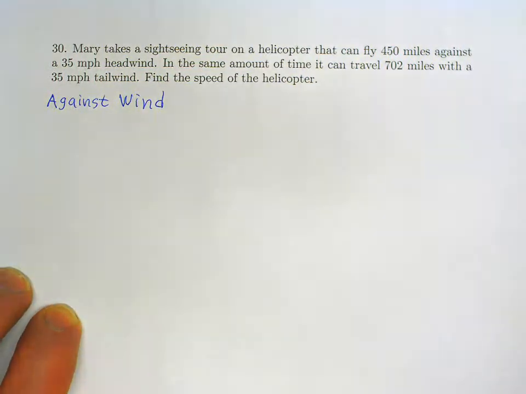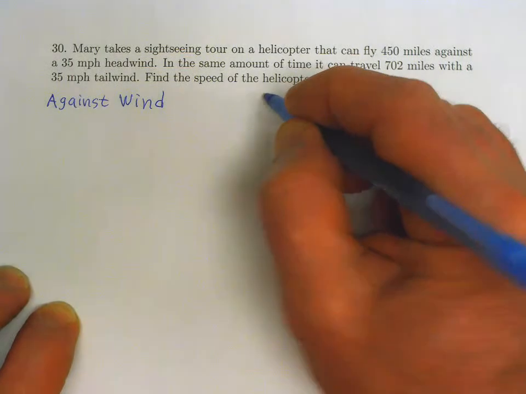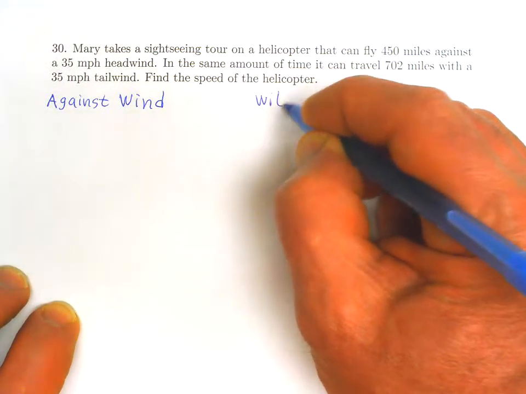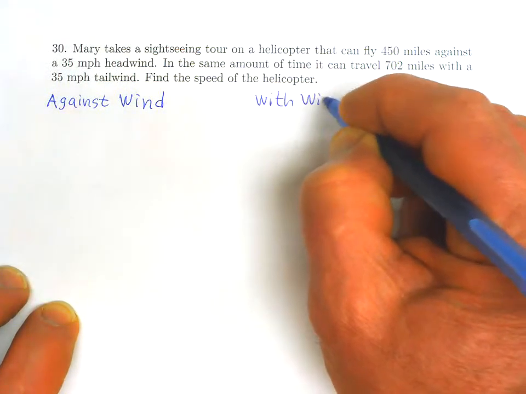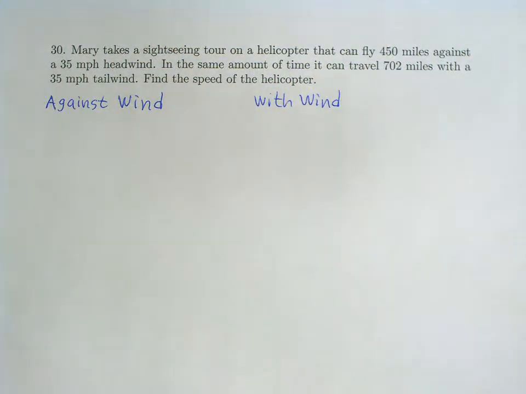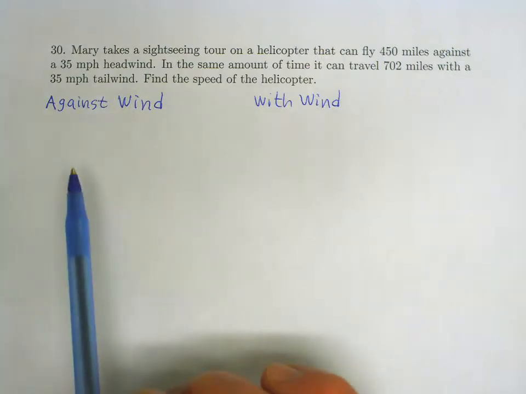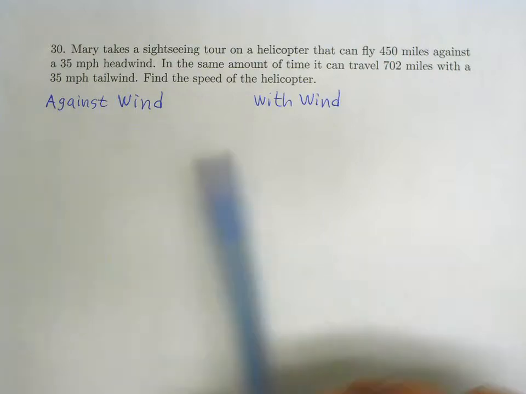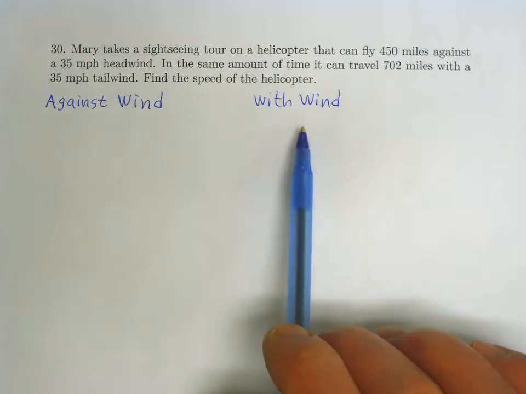And in the other one, the helicopter flies with the wind. We're told what the wind speed is. The wind speed is always 35 miles per hour in this problem. We're given the 2 distances, 450 miles against the wind and 702 miles is the distance flying with the wind.